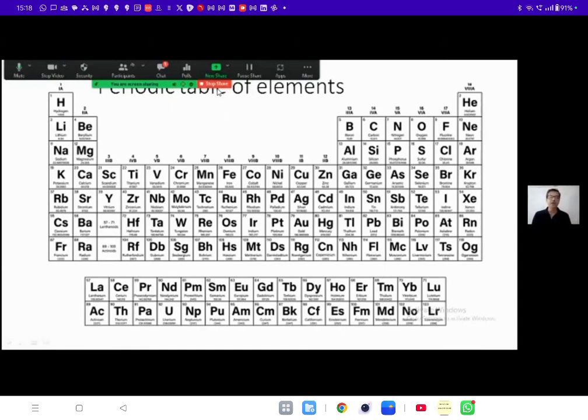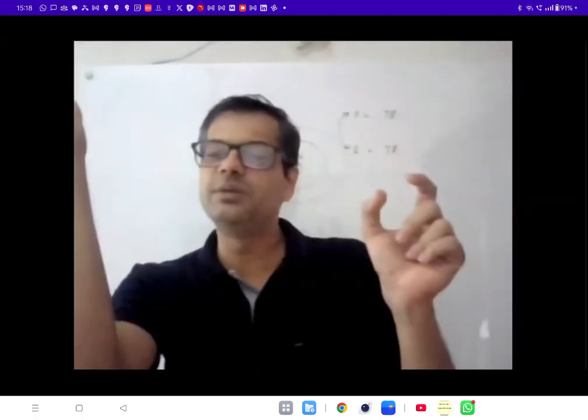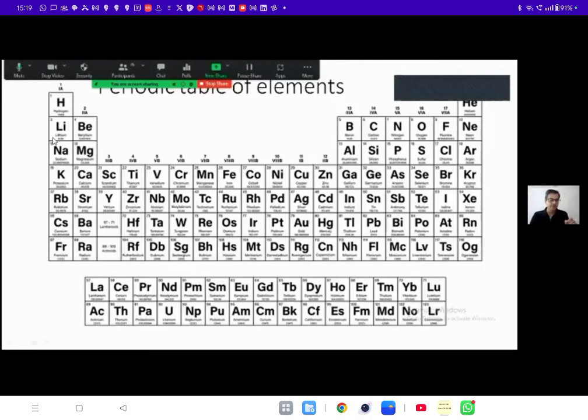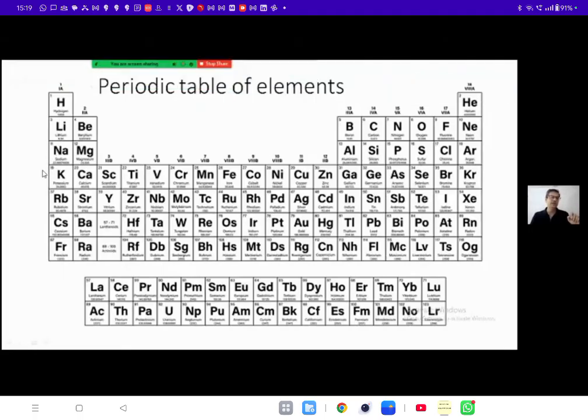Now one thing you will ask: why is this table so irregular, some people here and then a gap, and some there? Why not make it regular? That has a very difficult reason to explain. For now, assume that we have arranged them in such a way that all those in one line are similar in behavior. Means if one is reactive, then this one will be reactive, then this will be reactive, and so on.